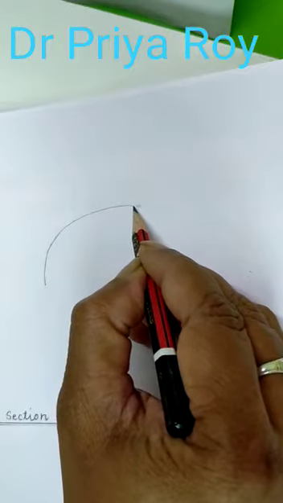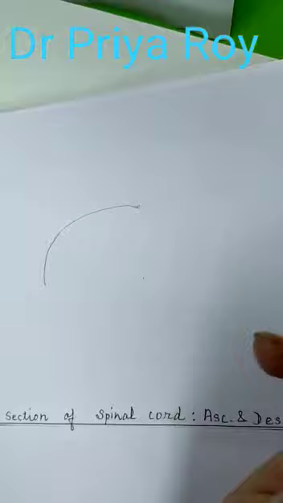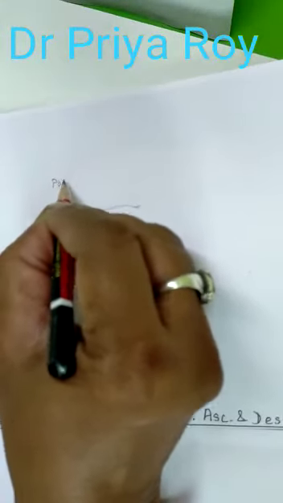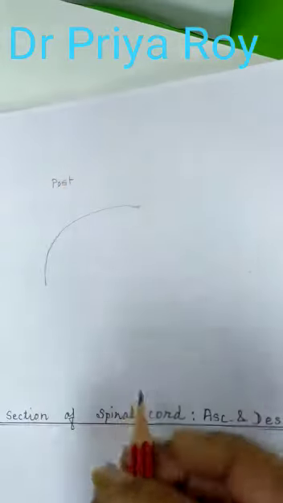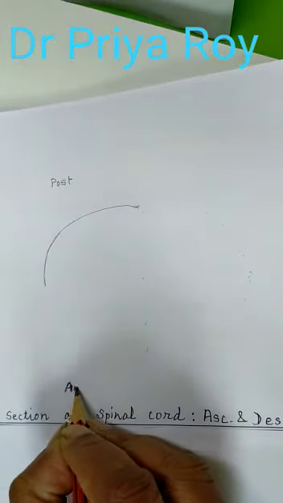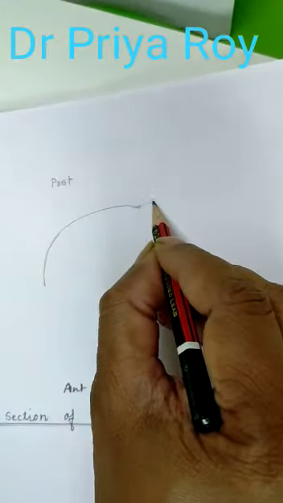In the center, to make a notch like this, this is the posterior median sulcus, and this is the anterior side. I am only showing you how to draw the rough diagram.